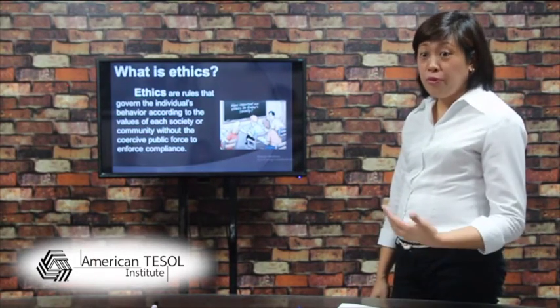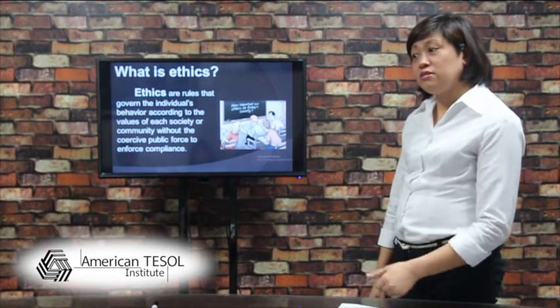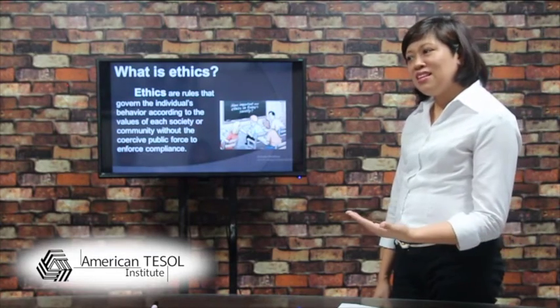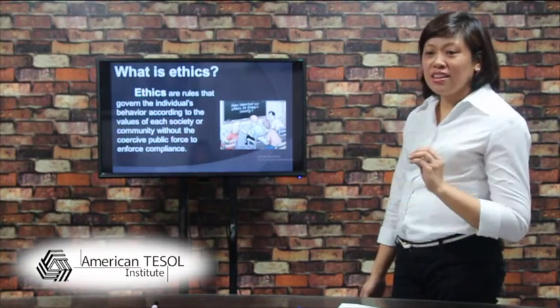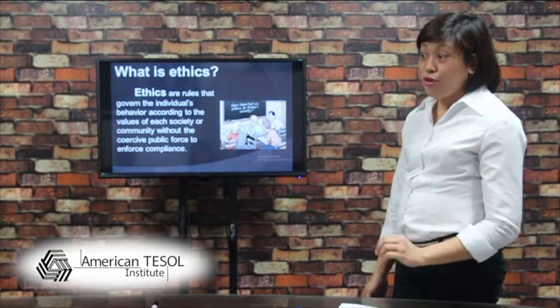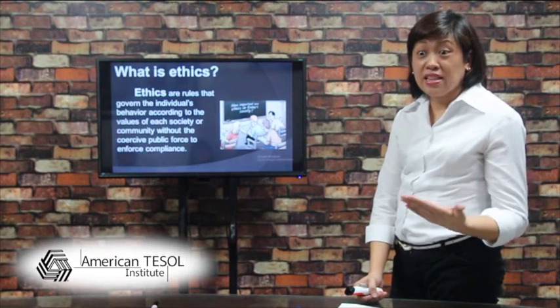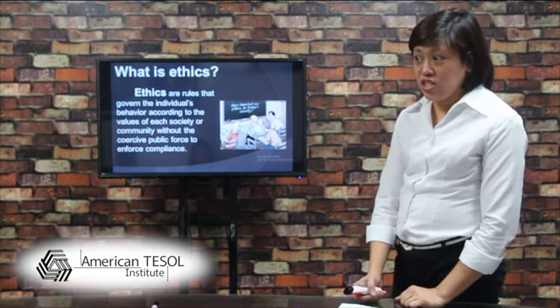What is appropriate to our culture may not be appropriate to another culture. What we may consider ethical may not be ethical to another culture. So understanding the good ethical behaviors of a teacher is directly related to our effectivity in our teaching strategies. Okay?